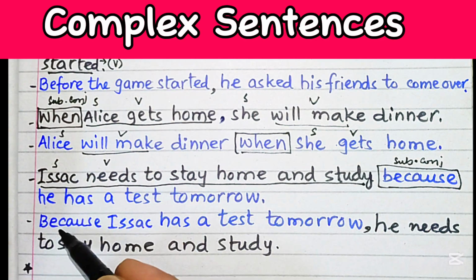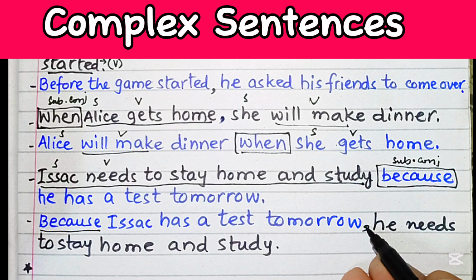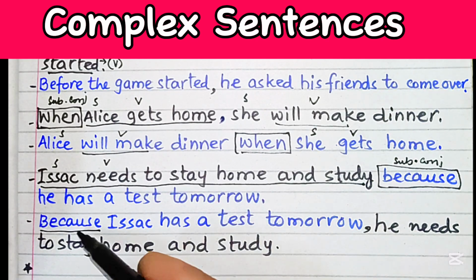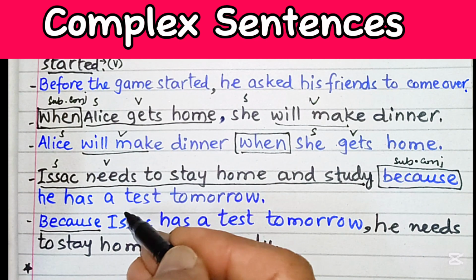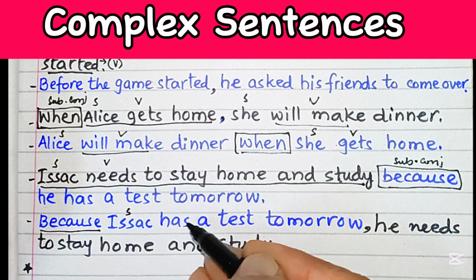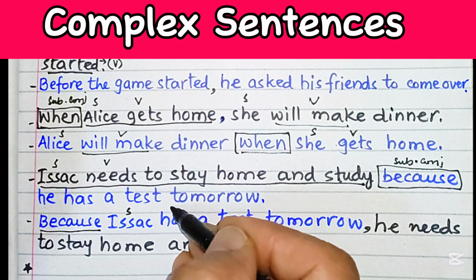It depends upon the independent clause. The same sentence can be written as, "Because Isaac has a test tomorrow, he needs to stay home and study." So it starts with this subordinating conjunction and it is followed by a comma. Over here we can see Isaac is subject, has is a verb.